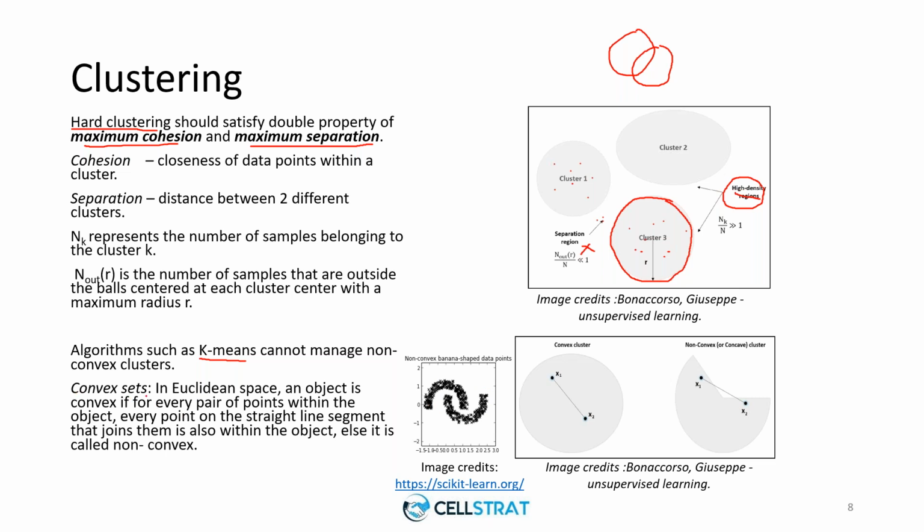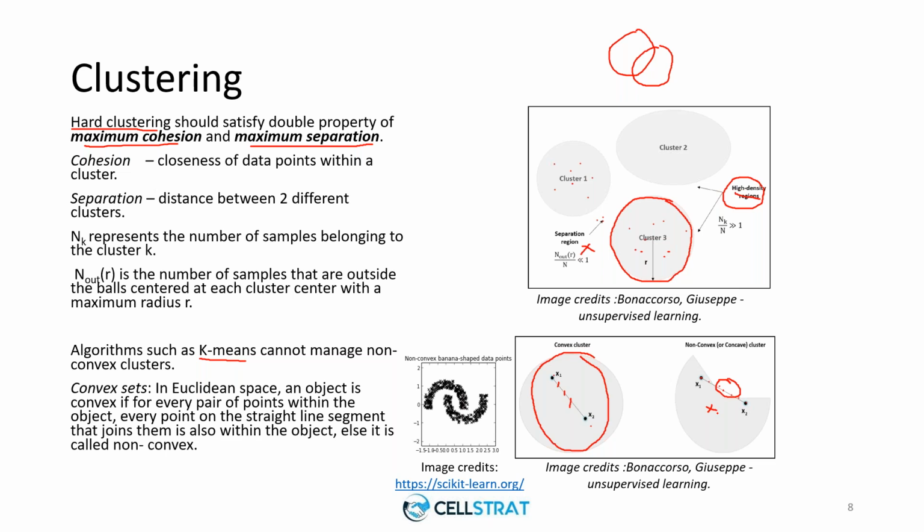In a convex cluster, you assume that for every pair of points, let's say x1 and x2, whatever points come on the line segment between them should belong to the same cluster. But in this case, it is a non-convex cluster, because if I take two points x1 and x2 and then look at the points on this line, you will see that these points are not part of this cluster.